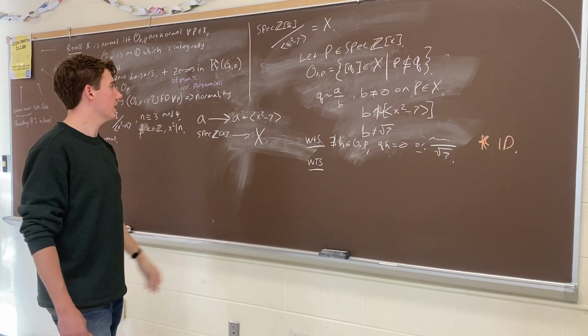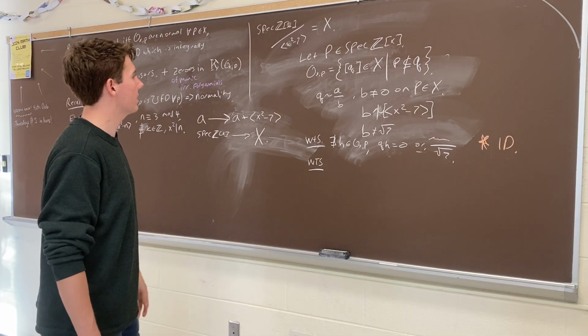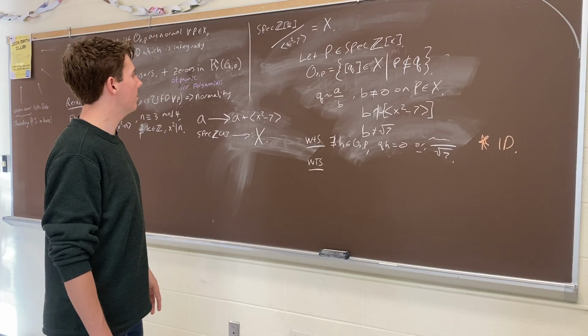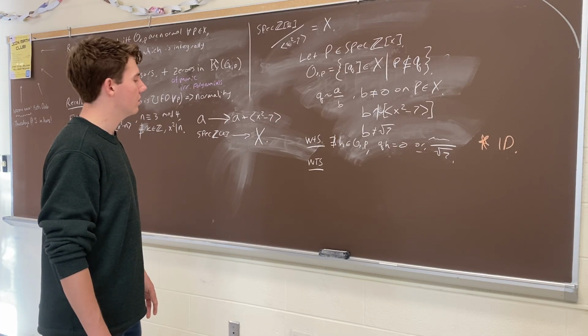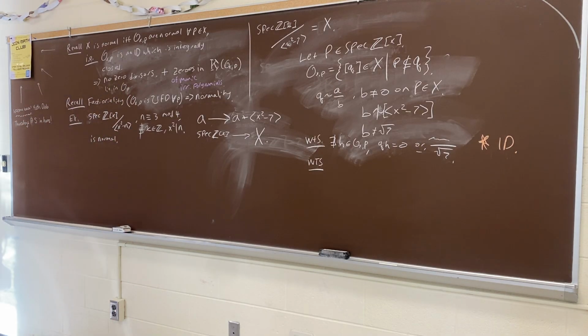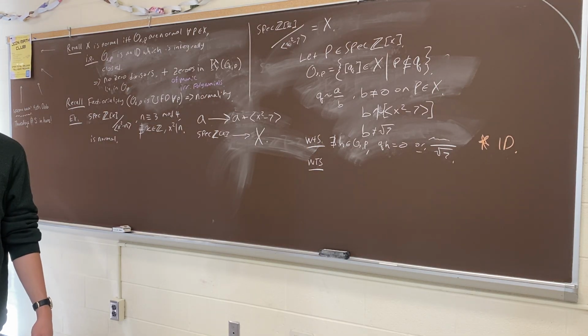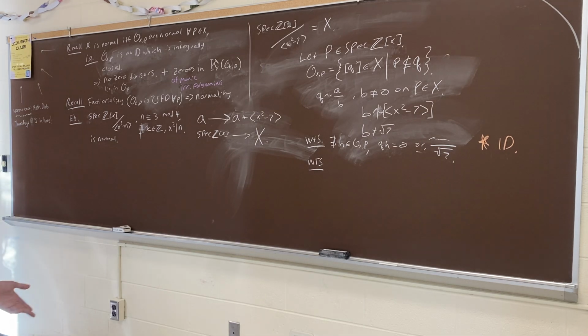That is still technically irreducible over spec Z over x, except it is not reduced. Is there a non-zero nilpotent? Yeah, because then it's not reduced. Okay. I don't know if that even matters.